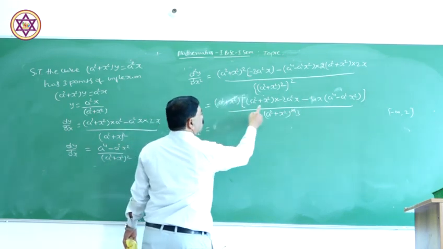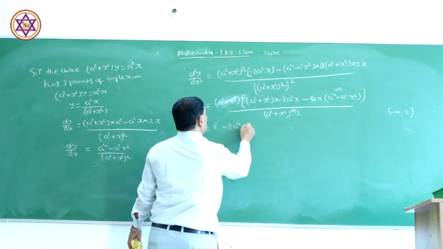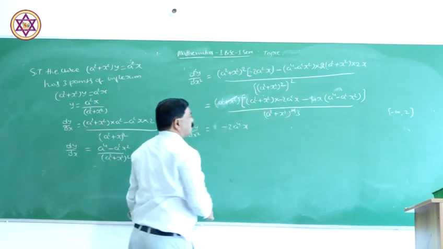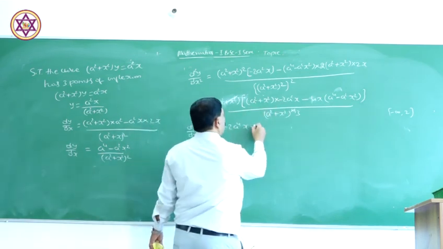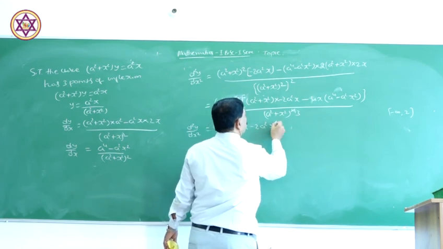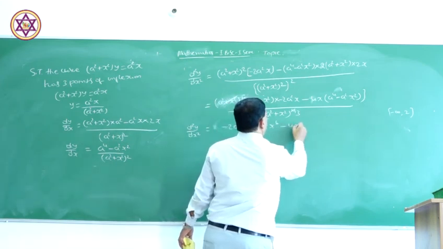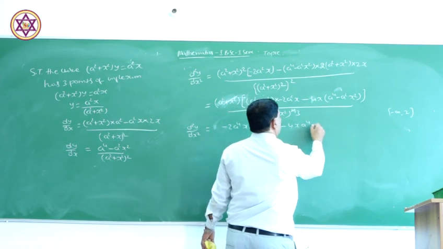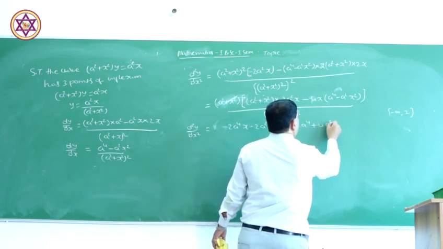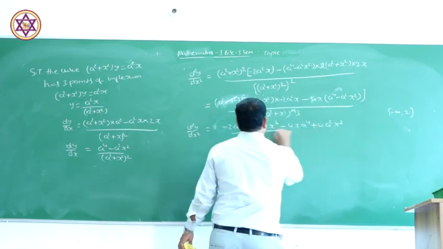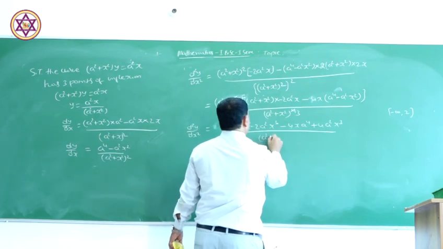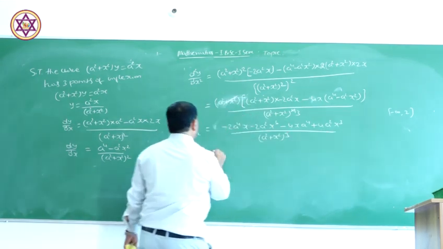Next, multiply this one: minus 2a⁴, minus 2a⁴x, minus 2a²x³. Next, 4x a⁴ plus 4a²x³, divided by (a² + x²) whole cube.